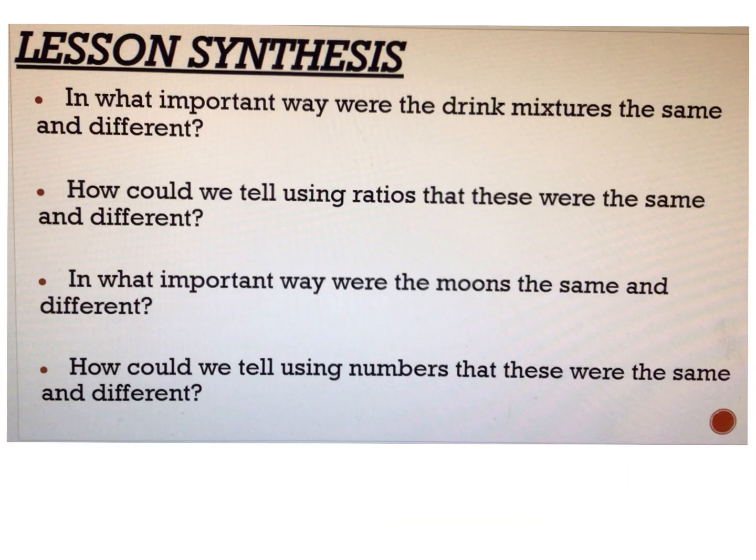So some things that we were trying to get out of this lesson were in what important ways were the drink mixtures the same and different. So thinking about how when we put more mix, we got a stronger flavor. More mix for the same water was a stronger flavor.